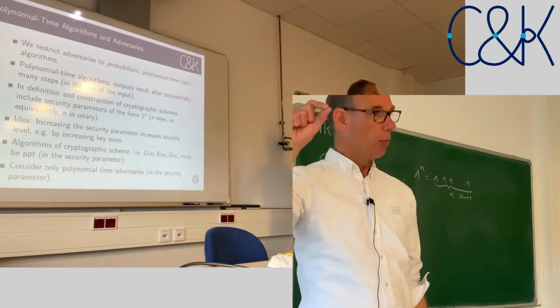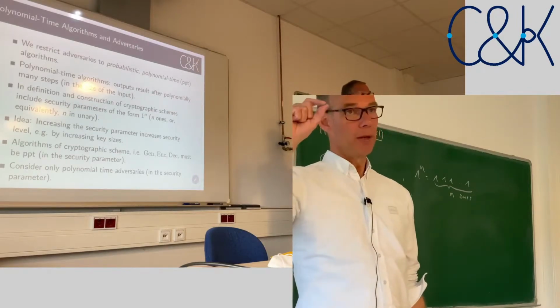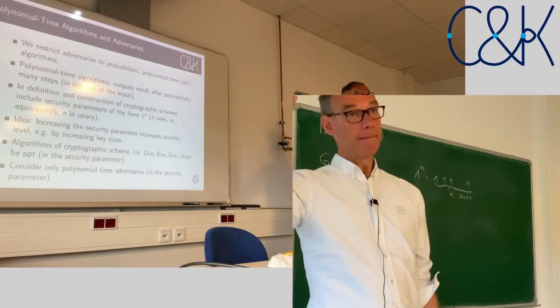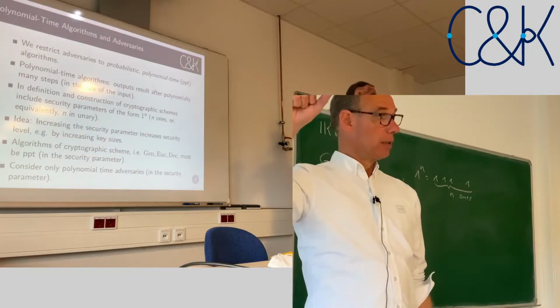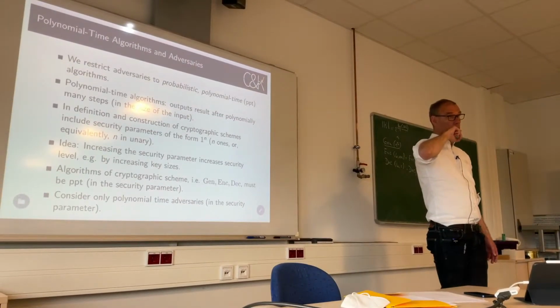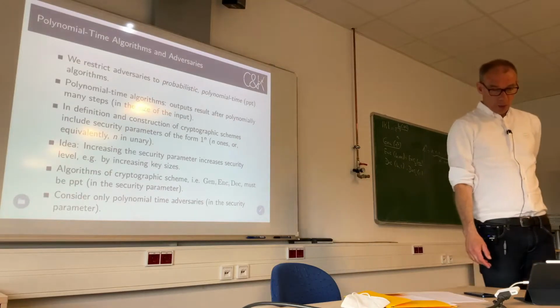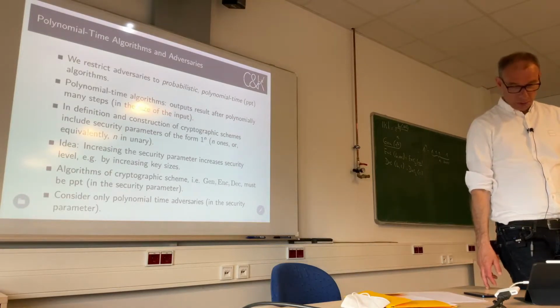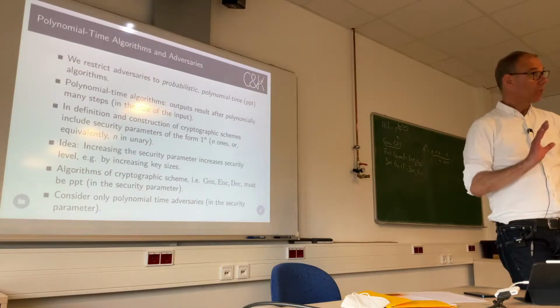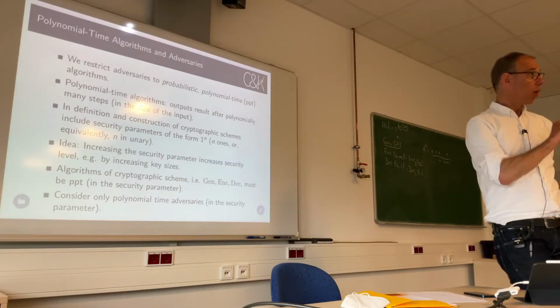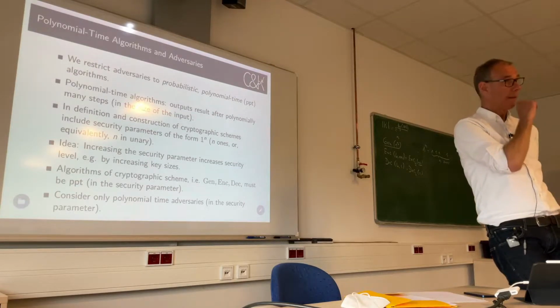If that is n, then no polynomial time adversary in that security parameter. Okay? So it also specifies what kind of adversaries we look at. And that's important. All these things are measured polynomial time basically in the security parameter.